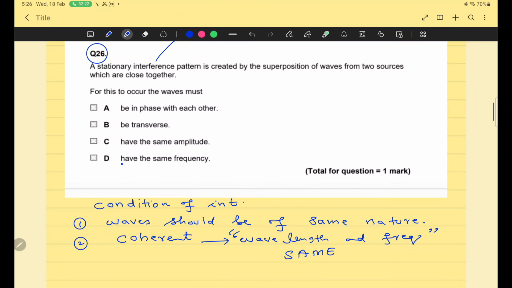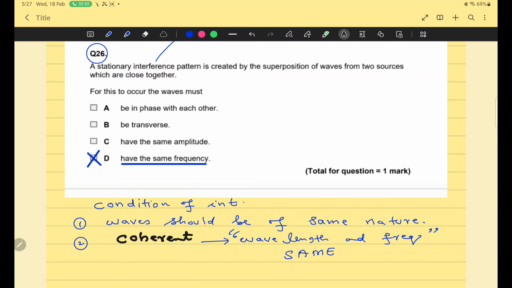In this question you are given the option only of same frequency, but I think you should memorize the term coherent. Coherent means same frequency, same wavelength. In the Cambridge board, coherent waves are explained in another, more difficult way, which I am not explaining right now. So coherent means same frequency and same wavelength.